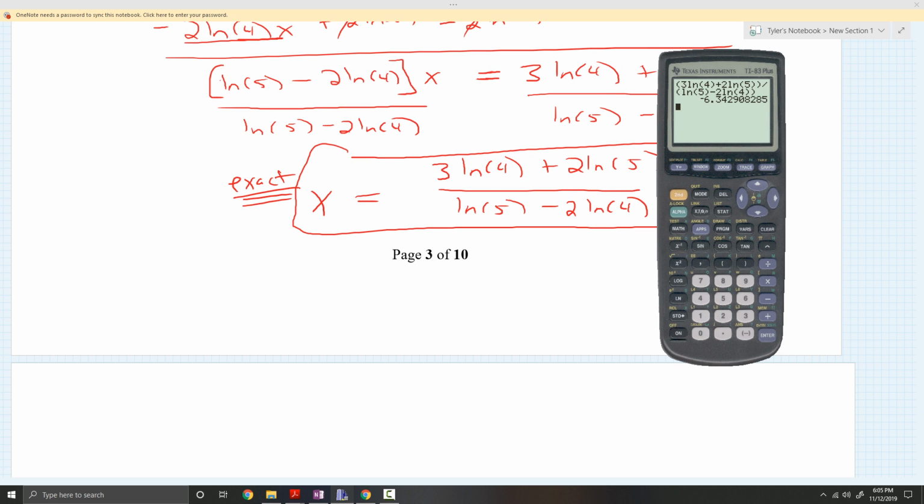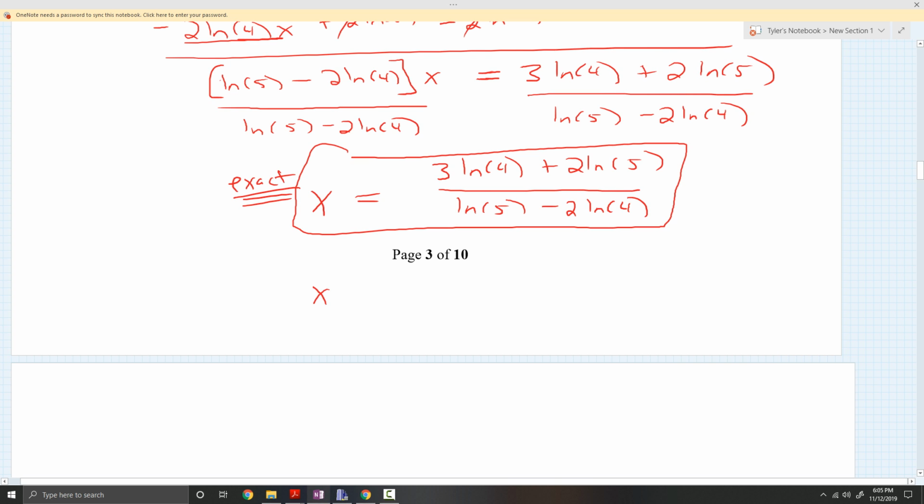So a decimal approximation for this would be negative 6.34. So x is approximately negative 6.34. So here's my approximation.